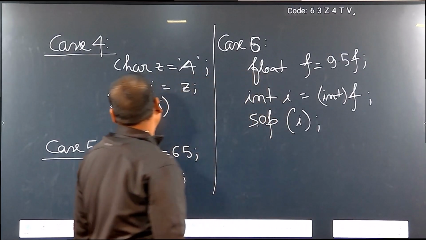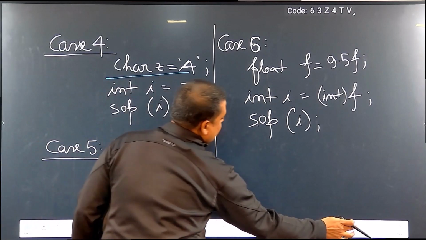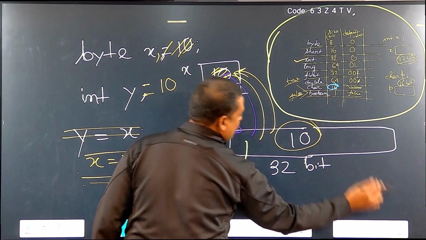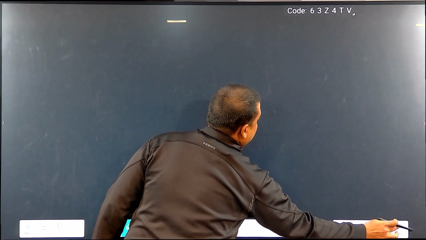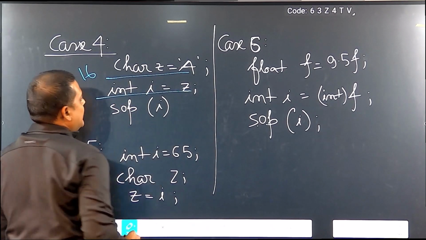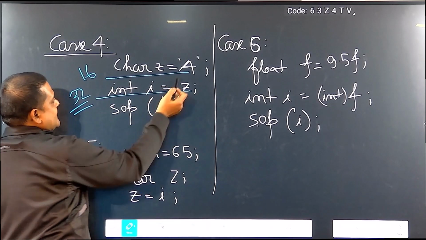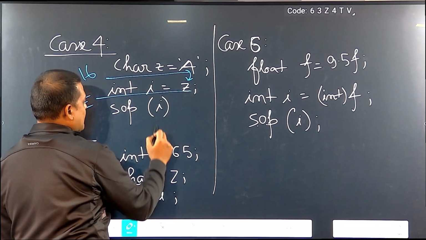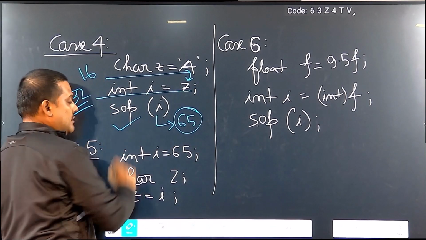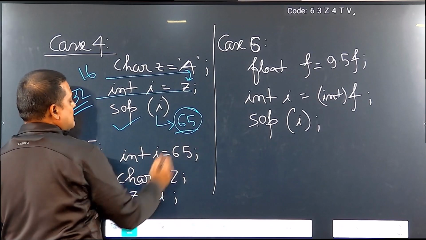Then another example. Here a character is 16 bit, and an integer is 32 bit. We are trying to store the character inside the integer, so it is okay, and it will show 65, its corresponding ASCII value.